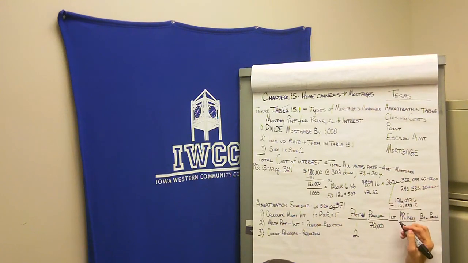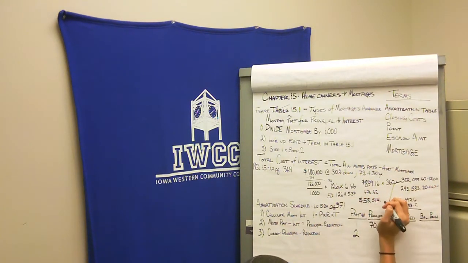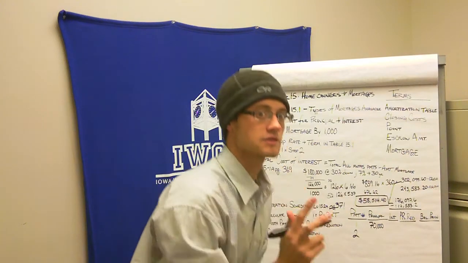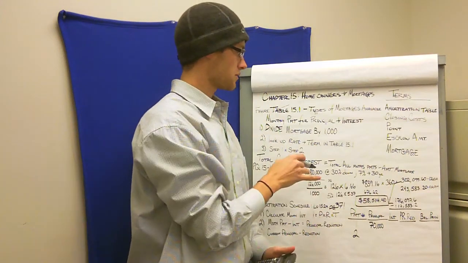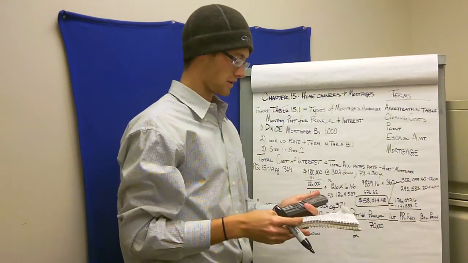The difference between these two is $58,514.40. So if we had locked in an interest rate at 5% compared to 7%, we would save $58,000 over the whole lifetime of the loan.